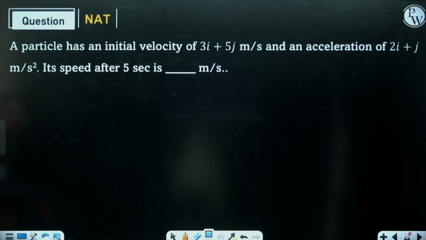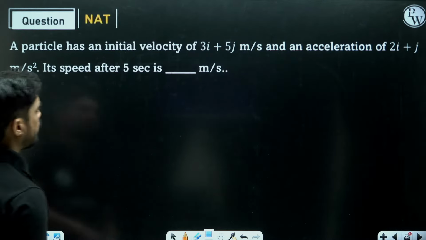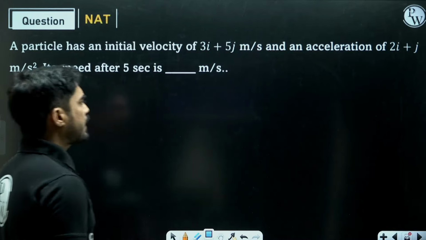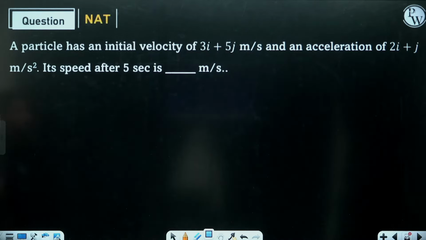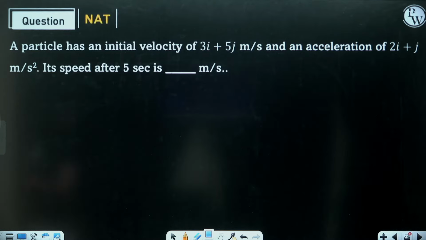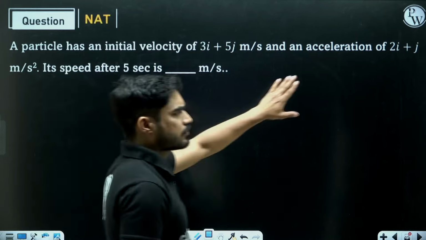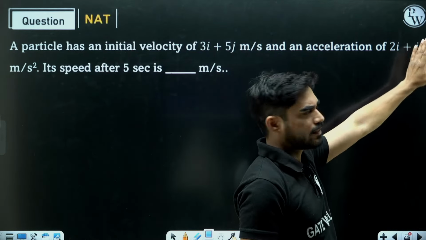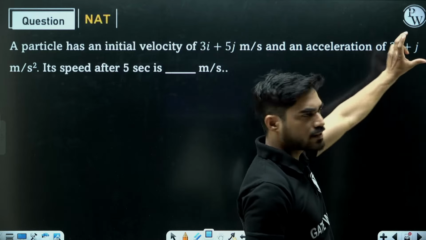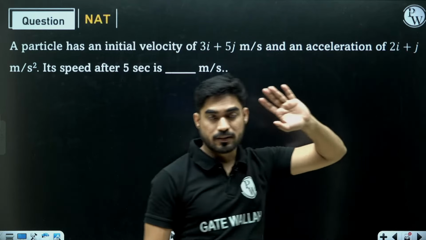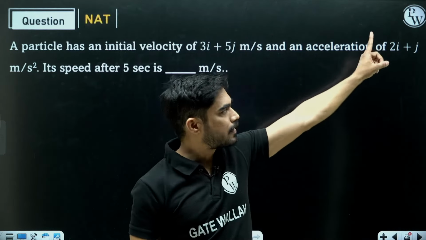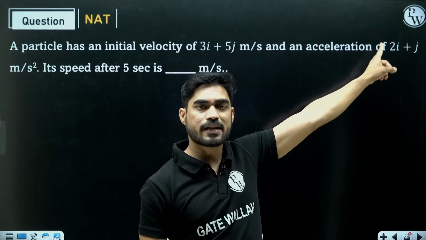So this is the first problem. A particle has an initial velocity of 3 i cap plus 5 j cap and an acceleration of 2 i cap plus j cap. You can see that here acceleration is constant, right? This is the value of acceleration. It is not mentioned that this is the acceleration at a particular time. They are saying that the particle is moving with this acceleration and there is no time variable here.